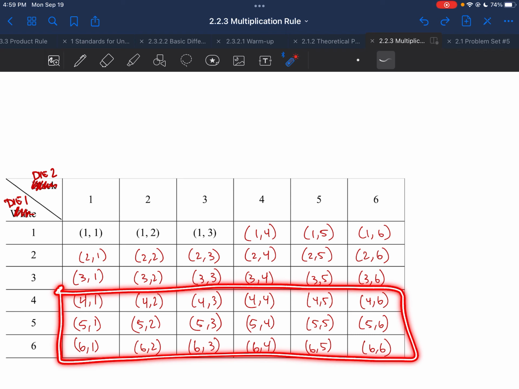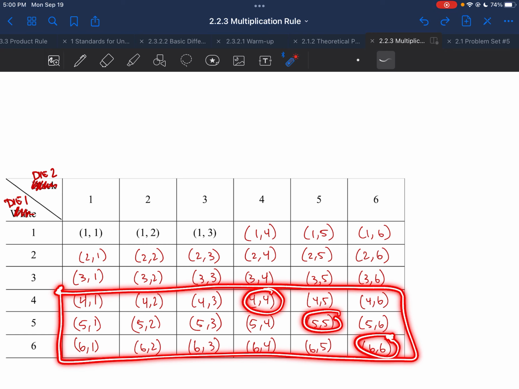Now let's find all the values within this where we roll doubles. That's going to happen here, here, and here. So there are 18 values that I could have chosen from. My sample space is 18 values, because I know that the value of die 1 is greater than 3.